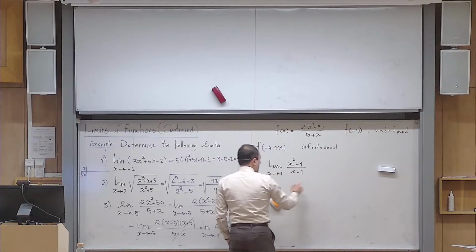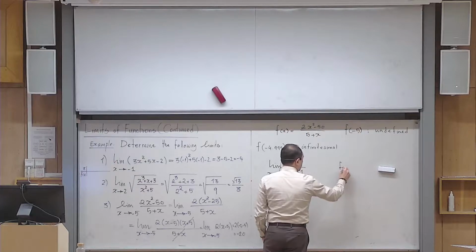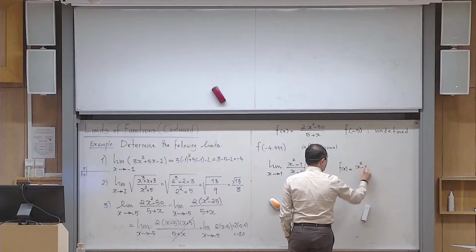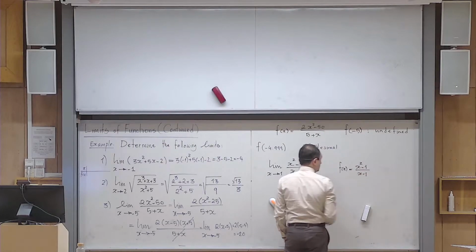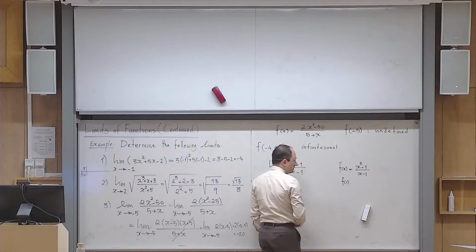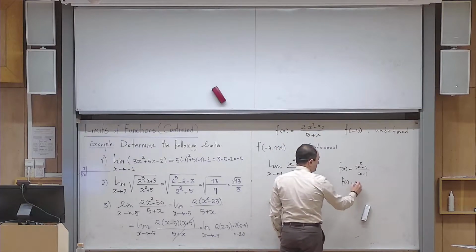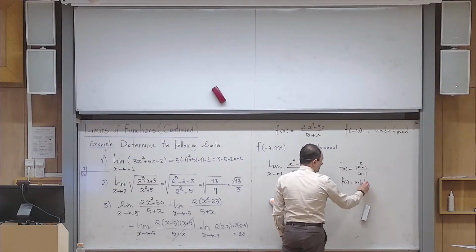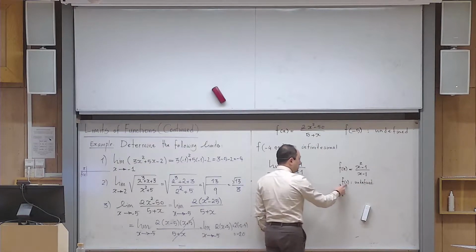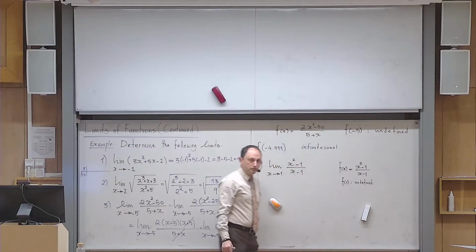And then I have a function f of x equal to (x squared minus 1) over (x minus 1). In this example, if I ask you what is f of 1, you just simply write undefined. Yes? How did I understand? Because when I put 1, the denominator becomes 0.